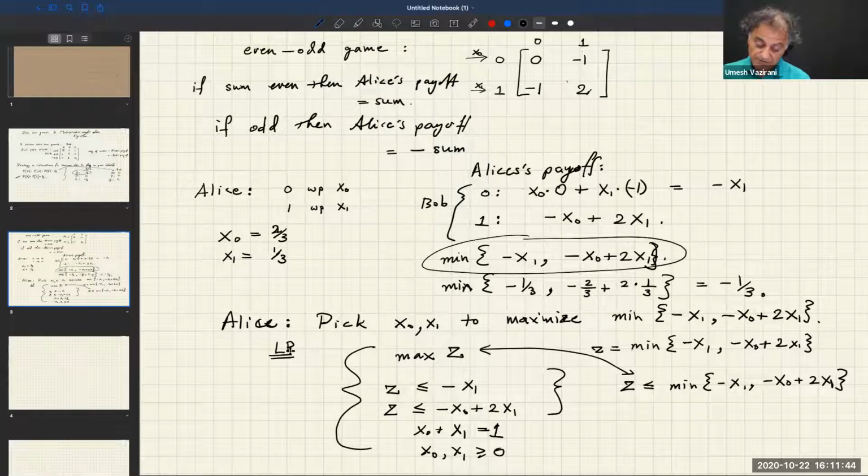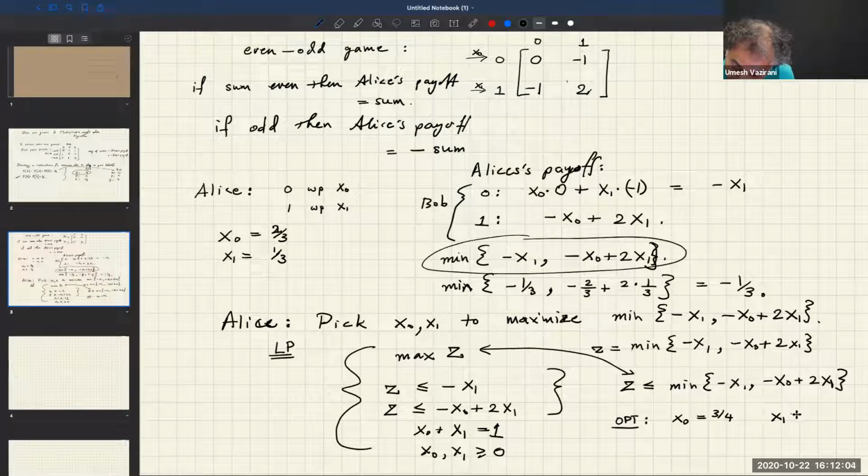And if you go ahead and solve this LP, then you'll find out the optimum strategy, which in this case is x0 equal to 3/4 and x1 equal to 1/4.